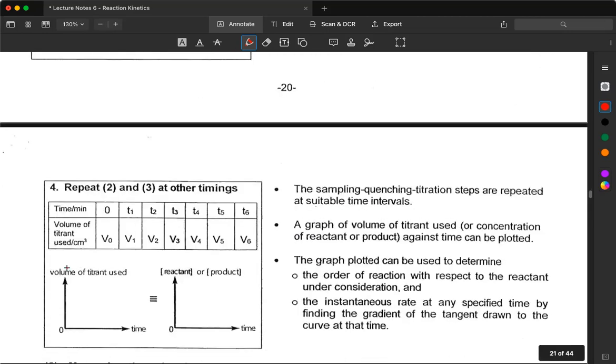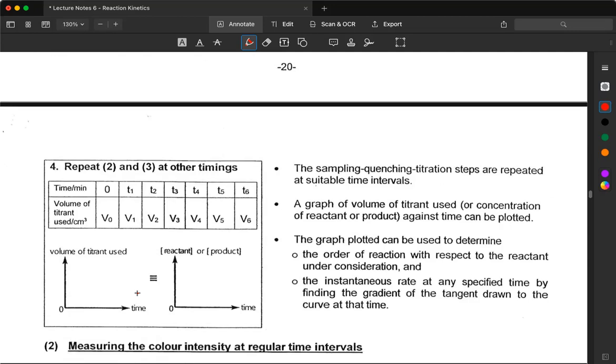So the sampling, quenching, and titration steps are repeated at suitable time intervals, and you plot a graph of volume of titrant against time. The graph plotted can be used to determine the order of reaction, as well as the instantaneous rate at any specific time by drawing the tangent and determining the gradient.